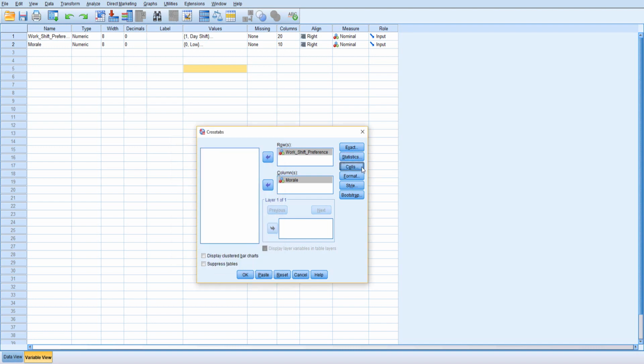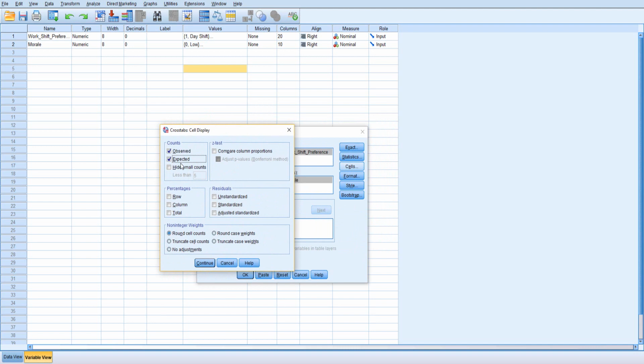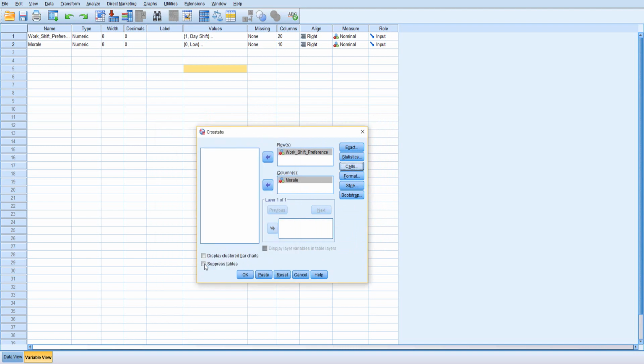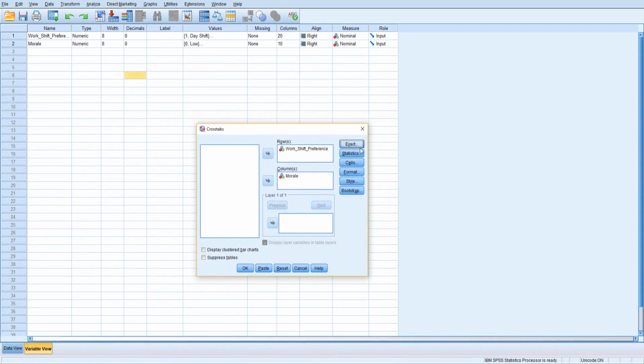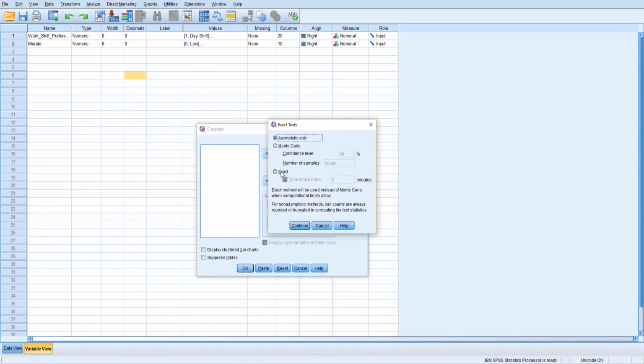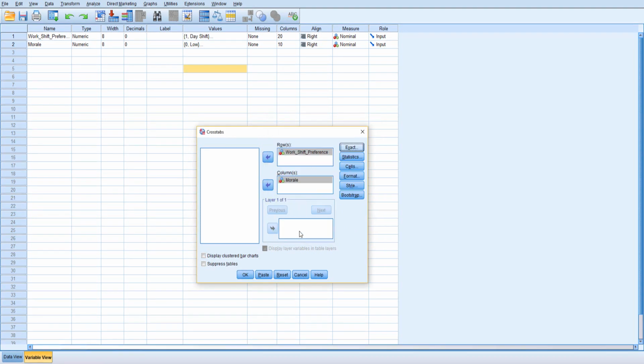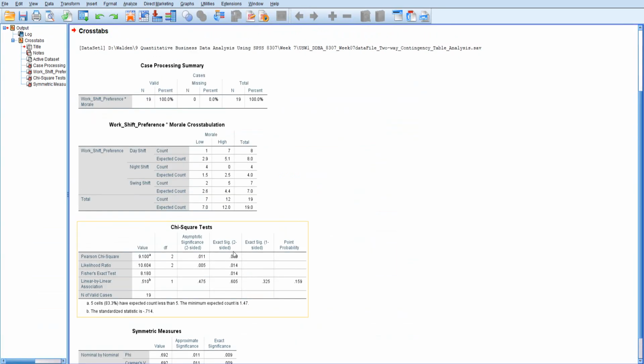Click continue, click on cell, use the expected, click OK. Here is one small button over here, click on exact. This is called Fisher's exact test. I will explain later why we need this, or why I have selected this. Right, click continue, click OK.